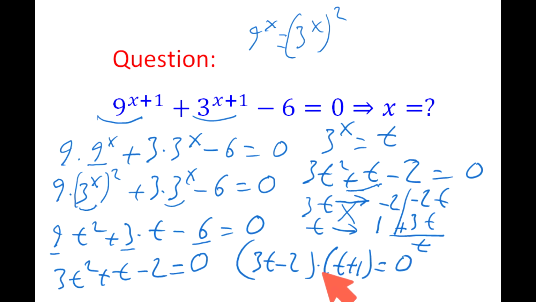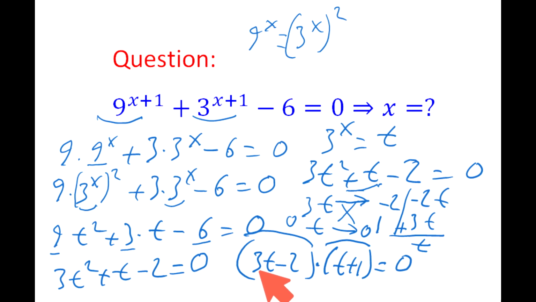So on the left side we have 2 terms as they are multiplied. On the right side we have 0. So either the first term is 0, because 0 times something is 0, or the second term, which is t plus 1, is 0, because something times 0 is 0.